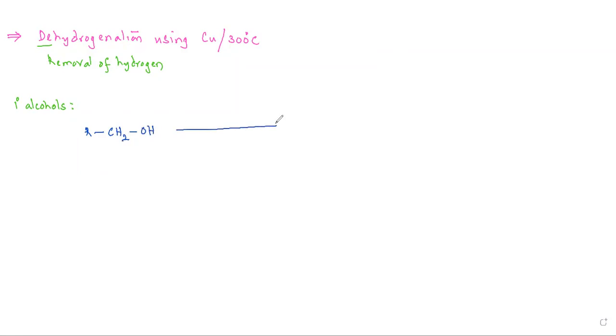See, with primary alcohols, I mean, when they are passed over copper, hot copper at 300 degrees centigrade, they undergo dehydrogenation. Just remove these two. A fresh bond is formed between carbon and oxygen when you remove hydrogen. Okay. So you get aldehyde.